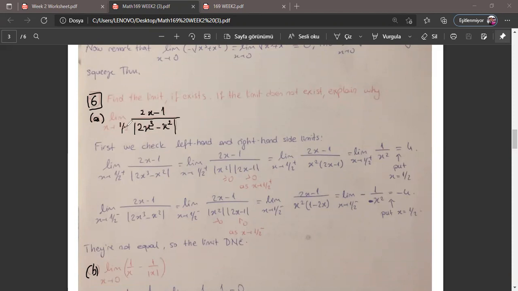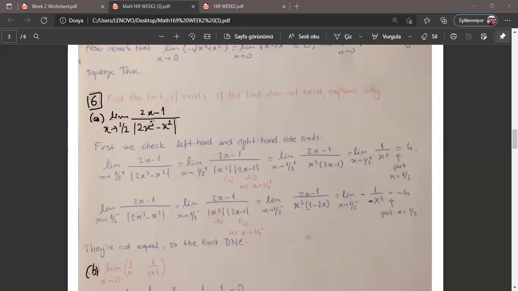Okay, and x is approaching 1 over 2. Now first we check the left hand side of this limit and then right. So no, first right, then left. Sorry.